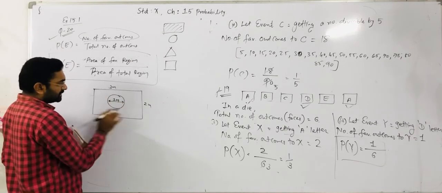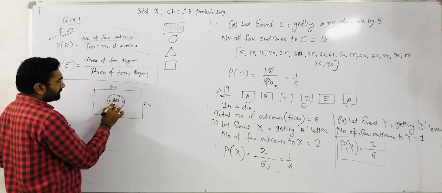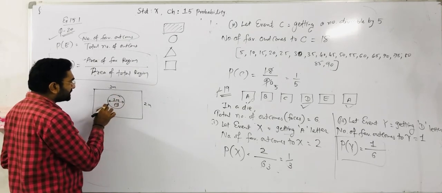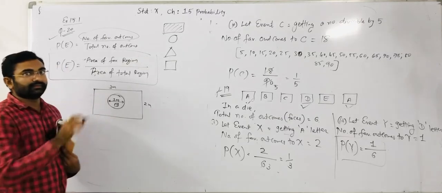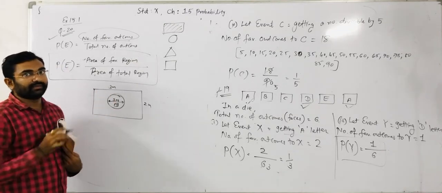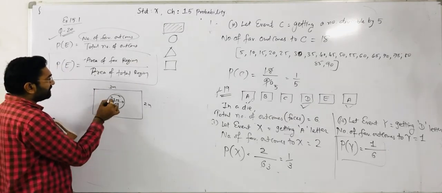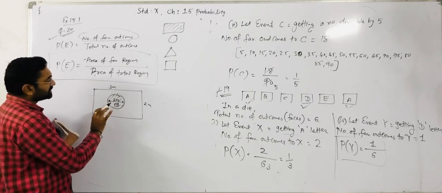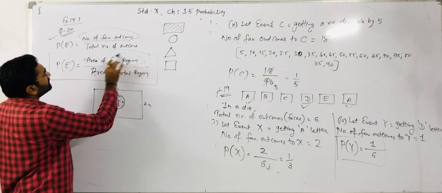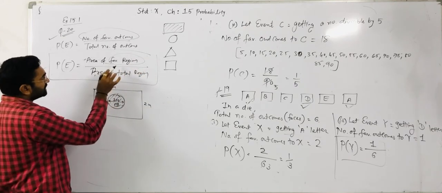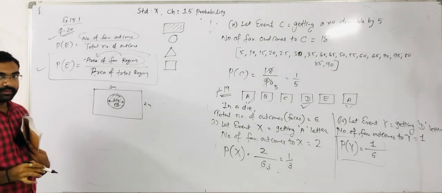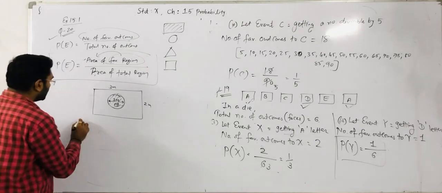In that rectangular region, one die is there, and what is the probability that our die lands in that circle, which is inside the rectangle? Okay, so we want the die in that portion. Right? It is a circle, so our favorable region is the circle. Circle region is our favorable region. So we have to write the circle's area, and how can we write the circle's area?